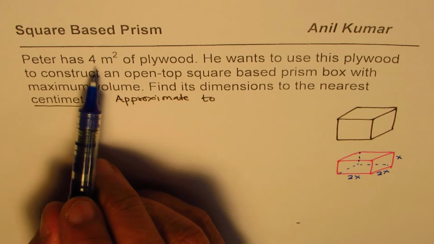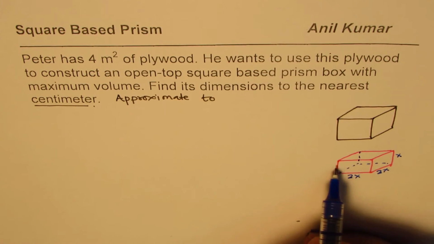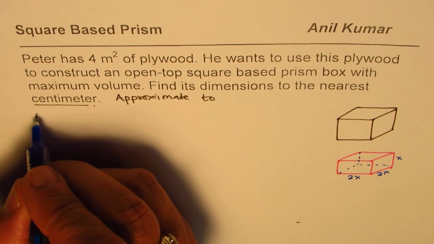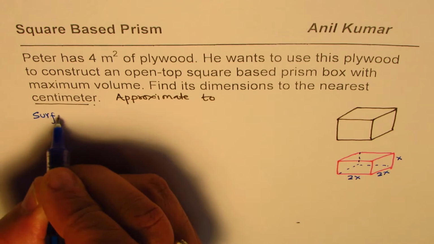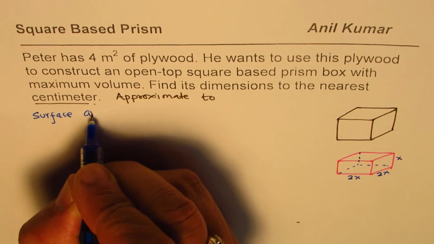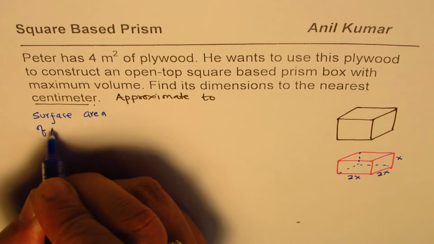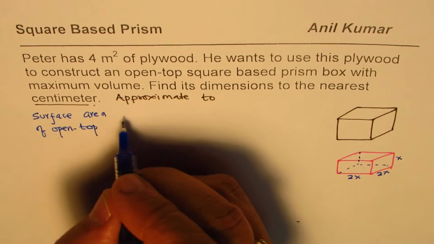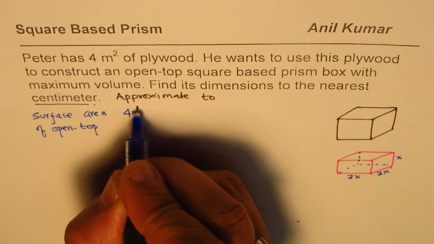So we are given the surface area of the open top as 4 meters square.